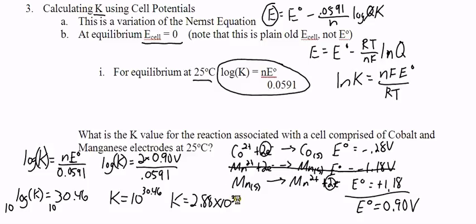So a couple things to keep in mind here when you're looking at your results or trying to figure some things out. As the standard cell potential gets bigger, the K value is also going to get bigger, because basically what we're seeing here is as the standard cell potential gets bigger, that's the push on the electrons through the system.